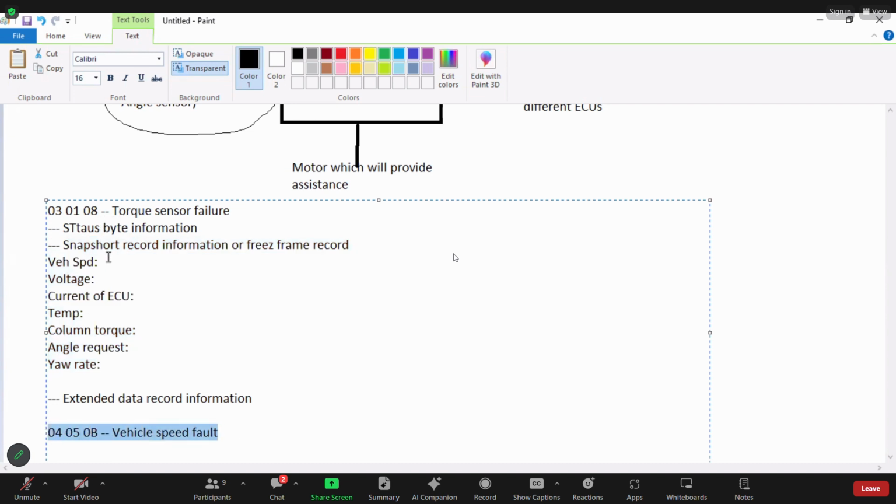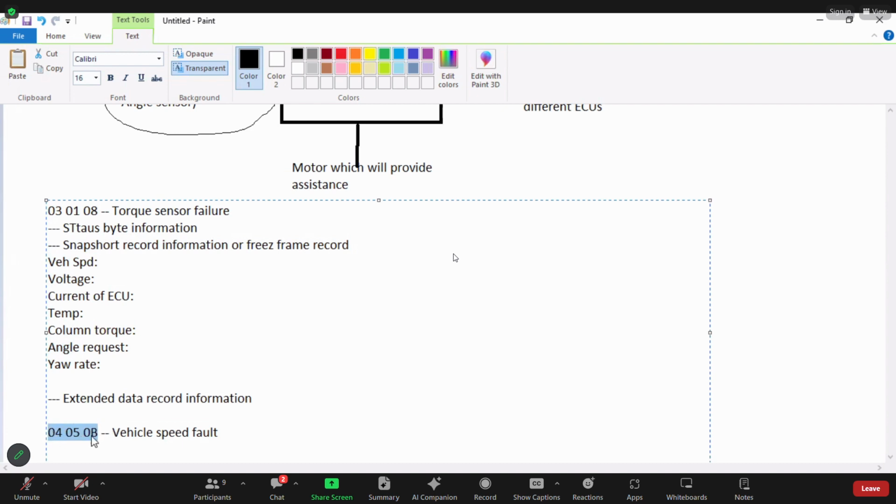If you want to read the snapshot record of this DTC, the client will send a request for this DTC: I want to read its snapshot record. Then it can retrieve this snapshot record. If it wants to read for this other DTC, it has to send: I want to read this DTC snapshot record.